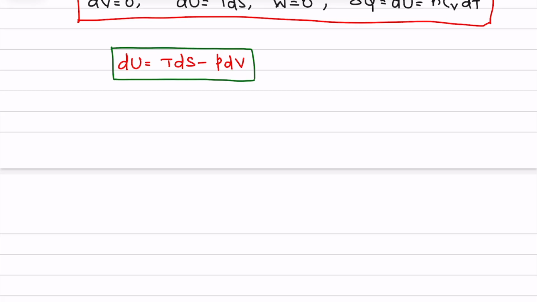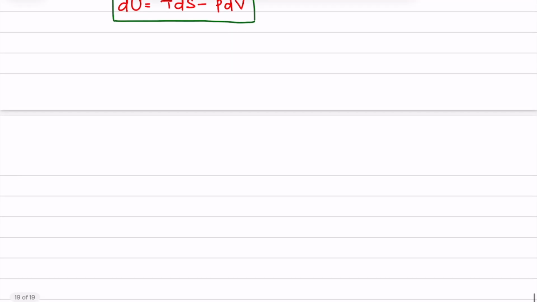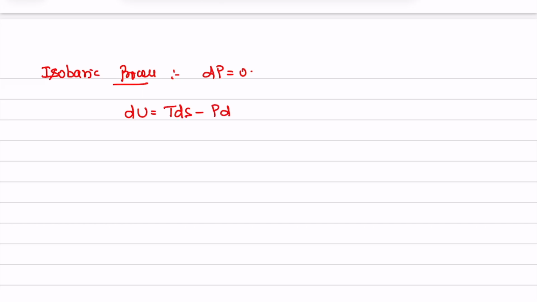Here we will write the heading as isobaric process. In isobaric process, dP is equal to 0. What is our equation? dU is equal to TdS minus PdV.